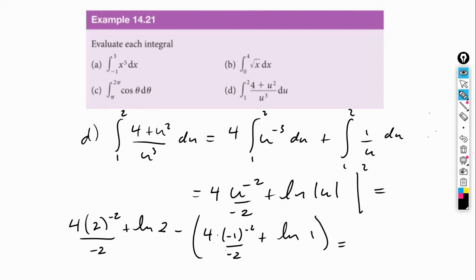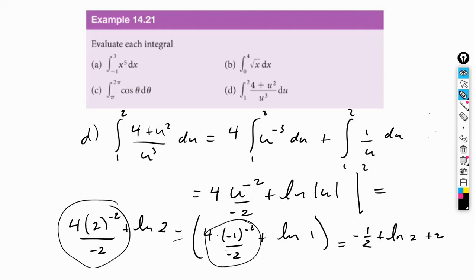And then from here, we're going to get -1/2, which is a result of this, plus natural logarithm of 2, and then plus 2, which we get from here, because this will be -2 and there's a negative in front, minus natural logarithm of 1.